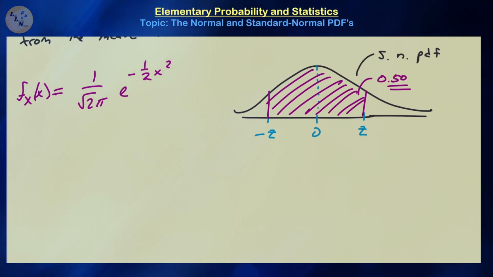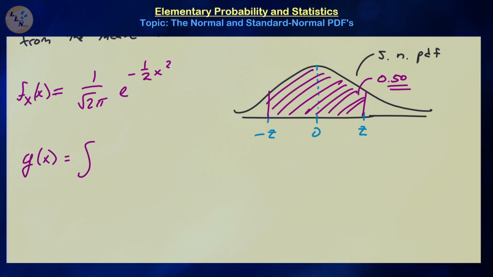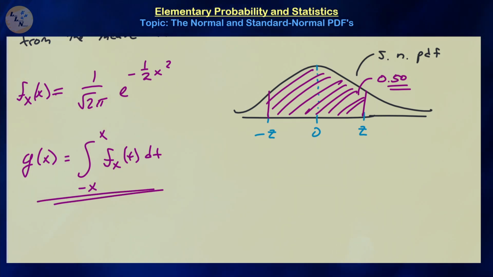And what do we want? We want to solve the equation. Let's see, what do we want? So I'm going to define a new function g of x. G of x is going to be equal to the integral from minus x to x of f of t dt, right? So we want this integral to be equal to something, right? So what do we want it to be equal to? We want it to be equal to 0.50, right?